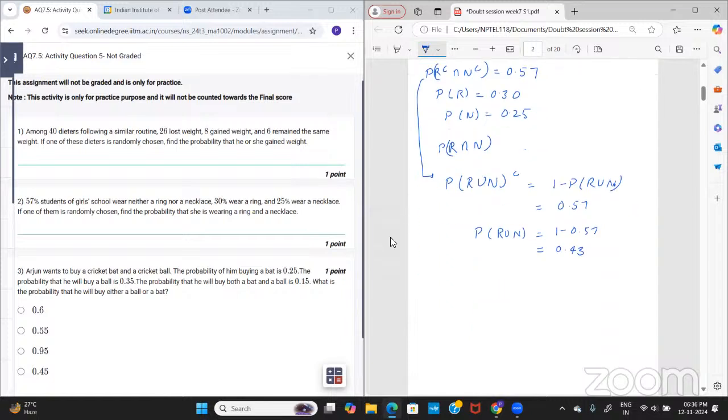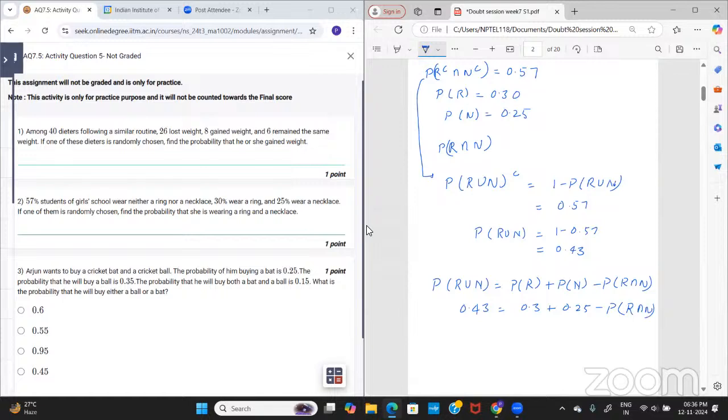Now we have to find the intersection part. From the formula, the probability of R union N equals the probability of R plus the probability of N minus the probability of R intersection N. This is 0.43, this is given as 0.3, this is 0.25, and this we have to find.